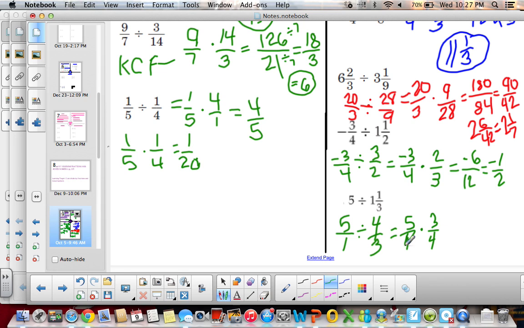That is a horrible 1. It looks like a P for some reason, but it's really 5/1. So then we have 15/4. 4 goes into 15 3 times, so 3 is our whole number. 3 times 4 is 12, so 15 minus 12 is 3. And then we keep the denominator, so we have 3 3/4.